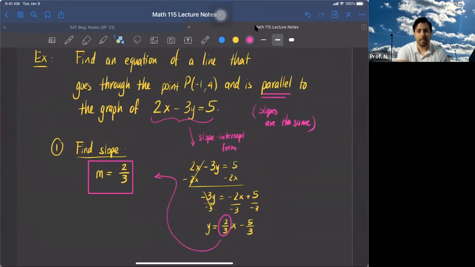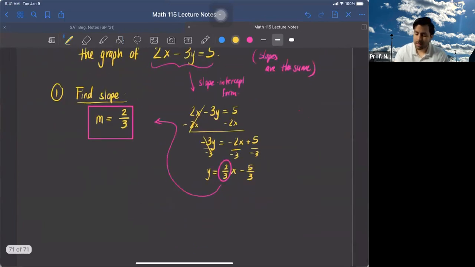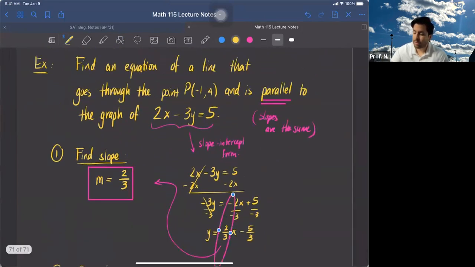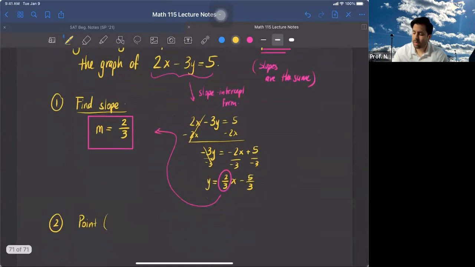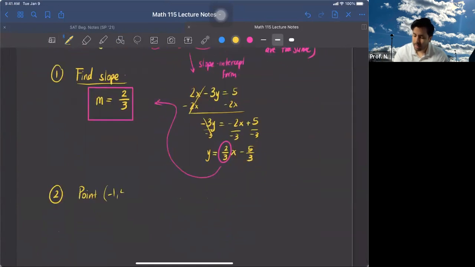Good. So I found my slope. And now what I want to find is the equation of the line that has a slope of 2/3 and has a point. So the point here is what? (-1, 4). That's my point. I just found out that my slope is 2/3. So then what do I have to use?